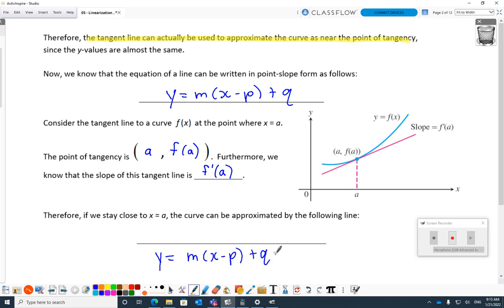If I wanted to use the line to approximate the curve, and again, just close, let's not get caught up on how close yet, okay? Really close. If I wanted to use the tangent line to be like the curve, I'd go y equals, the slope is f prime of a, and the point is (a, f(a)), so I put that in there like that.